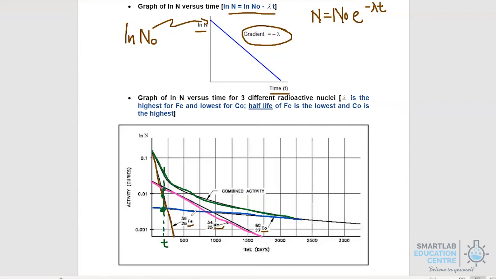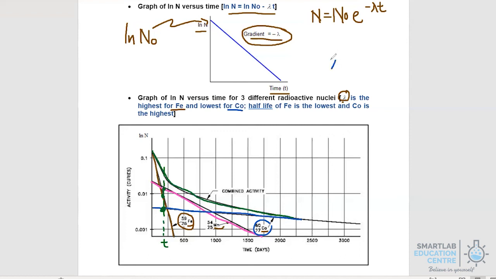By comparing the 3 straight lines, we know that the iron has the highest gradient. Because its gradient is the highest, and since gradient is equal to minus lambda, we therefore know that the decay constant for iron is the highest, while in the case of your cobalt, it is the lowest.